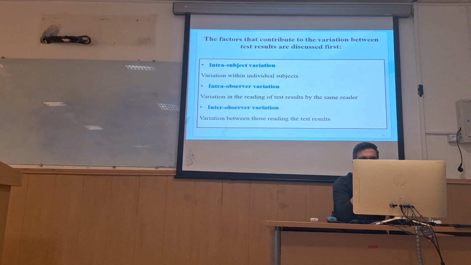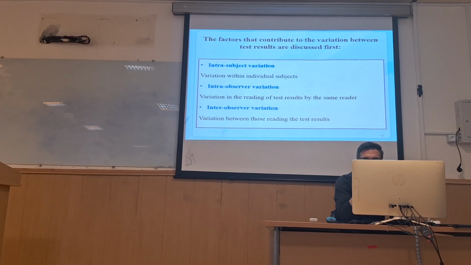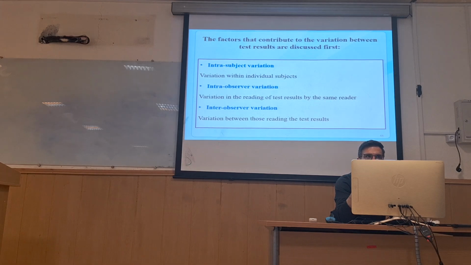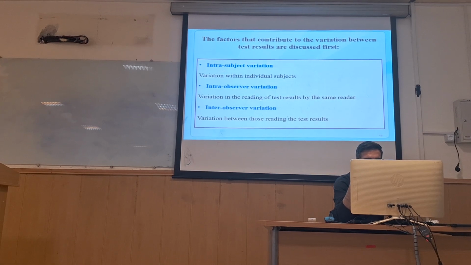There are many sources we consider for variation between test results. For example, when we measure your weight and I observe different values, we should consider some reasons for this variation. At first, intra-subject variation.